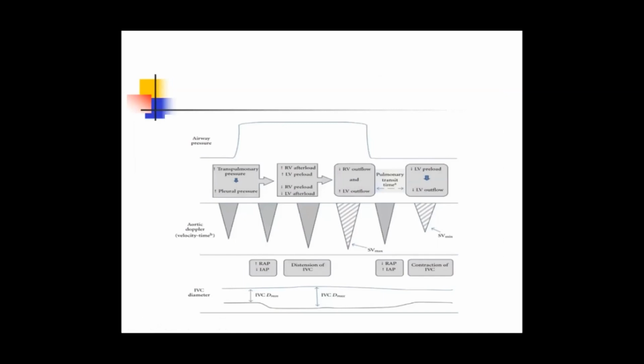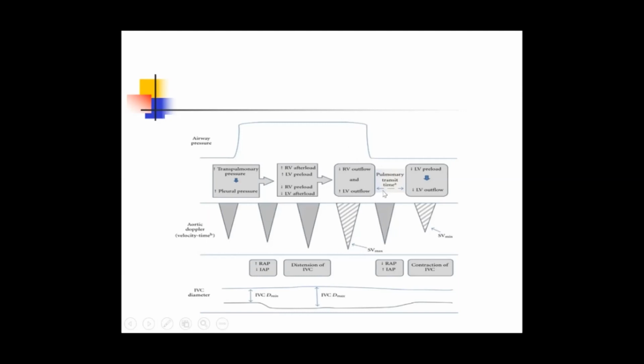In this flow diagram, we see the mechanical ventilatory cycle. During inspiration, due to the increase in transpulmonary pressure, the increase in pleural pressure, and the changes in RV afterload, LV afterload, RV preload and LV preload, we have a resultant decrease in RV outflow and increase in LV outflow, leading to maximum stroke volume during inspiration or at the end of inspiration.